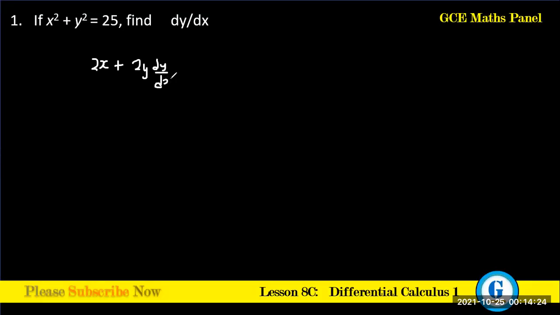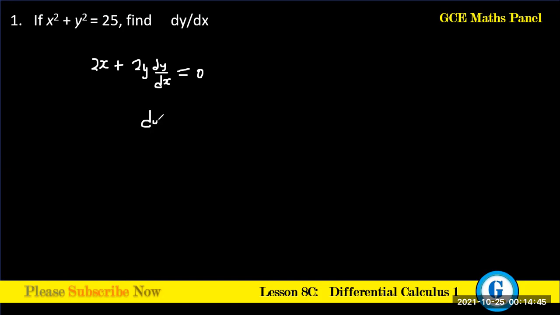So note that since y is a function of x, when we differentiate y, we will be left at the end with dy dx. So this is equal to, when we differentiate the constant, what do we have? We have 0. So from here, we can make dy dx the subject of the formula because we are looking for dy dx.